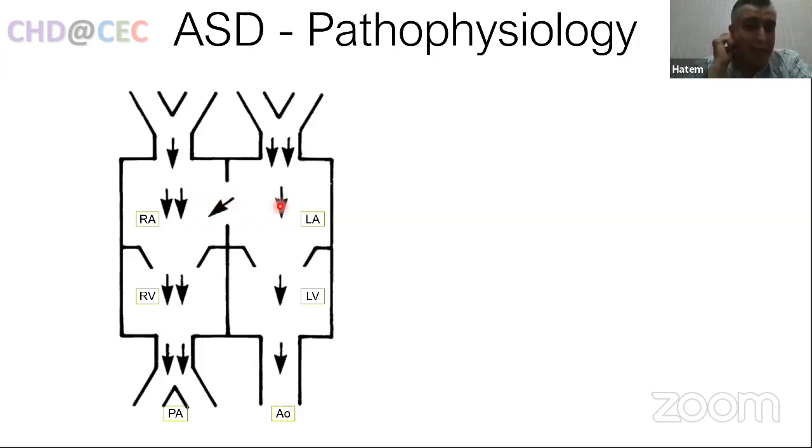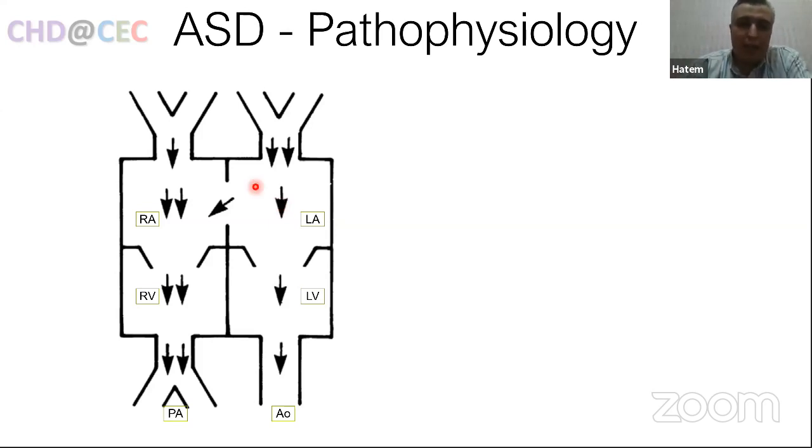But we've also agreed that the chamber that gets volume load gets dilated. So let's think together. If a patient has an ASD, what chambers will get dilated? We can easily think of that by pointing out which chambers get more blood. The chamber that gets more blood, gets volume load, will get dilated.